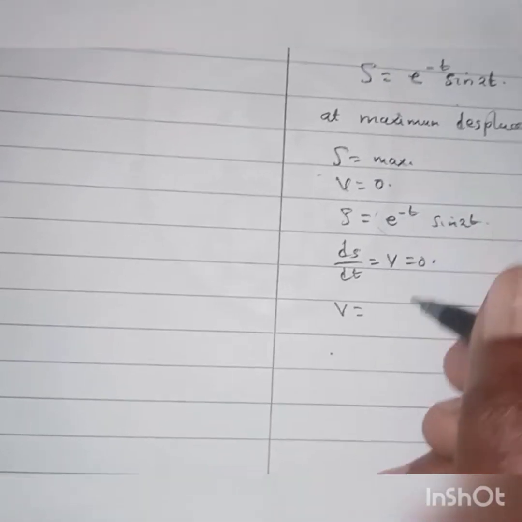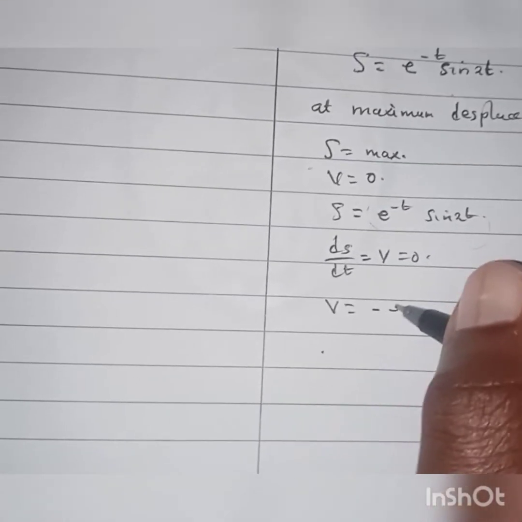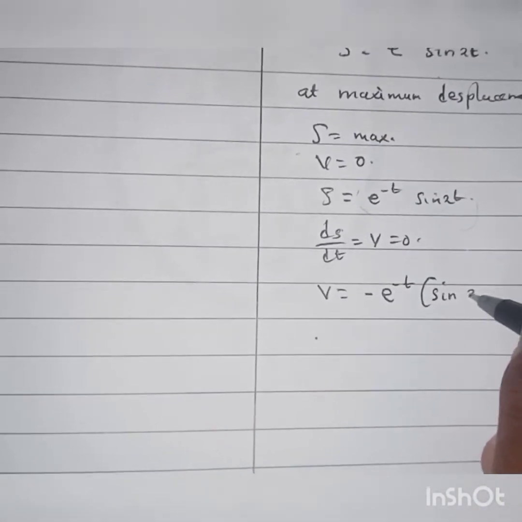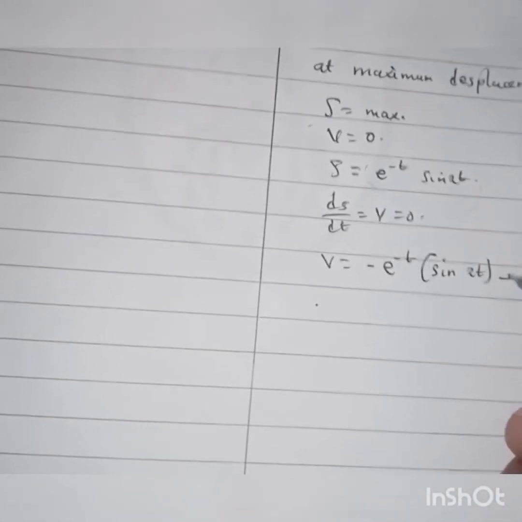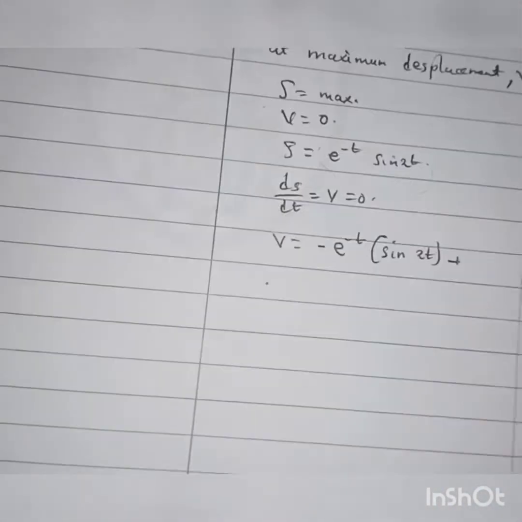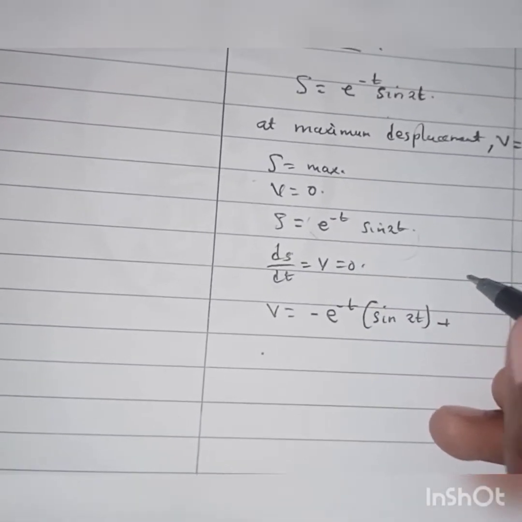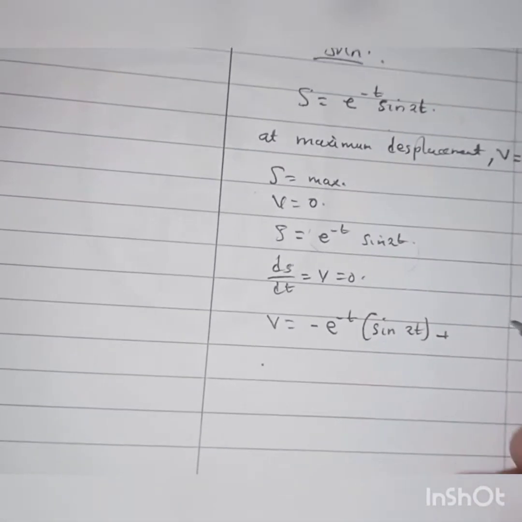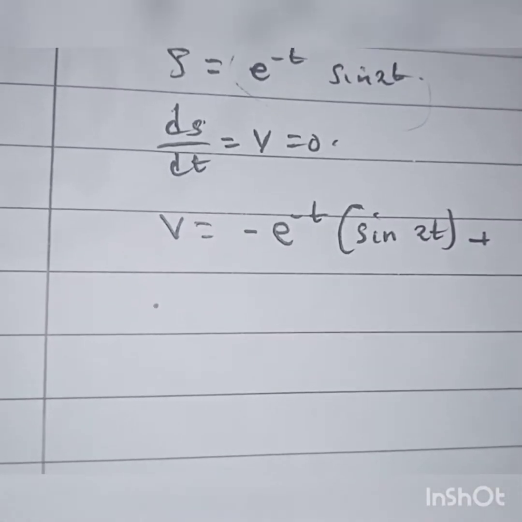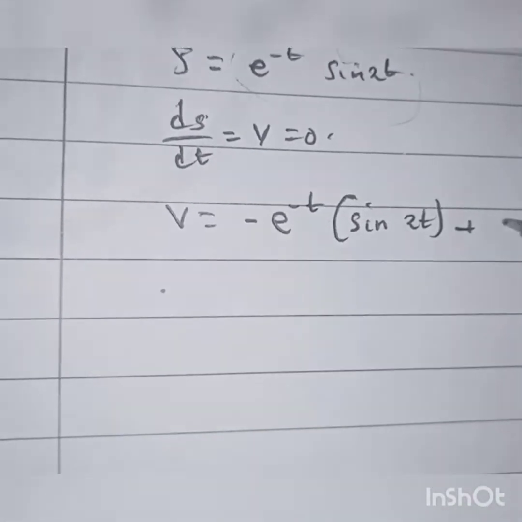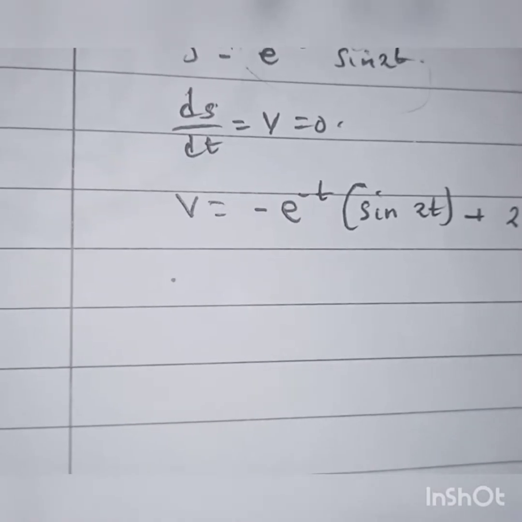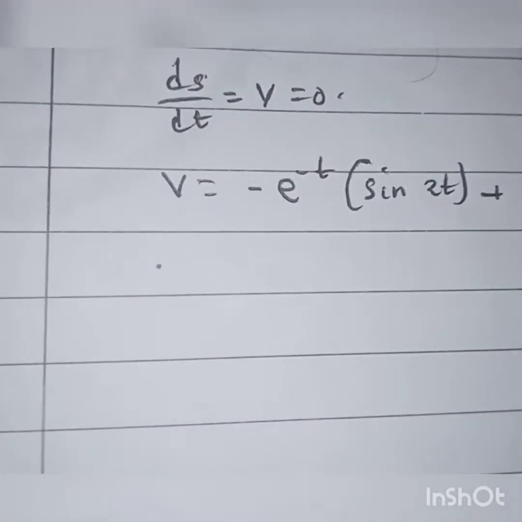Derivative of that one is just minus e raised to power minus t, then we multiply by sine 2t. Then plus the derivative of sine 2t, which is 2 sine 2t, multiplied by e raised to power minus t.